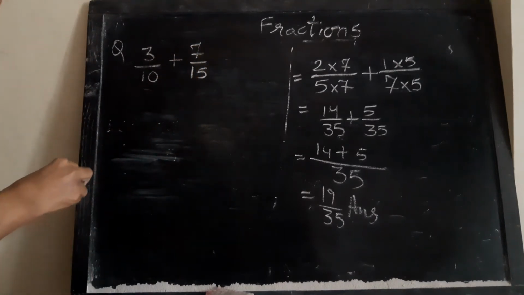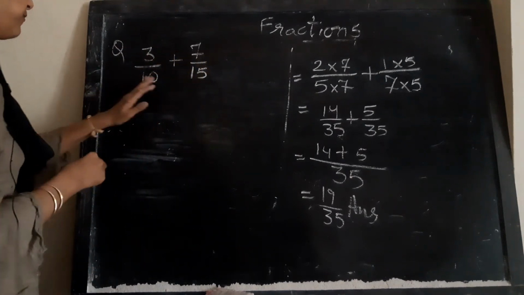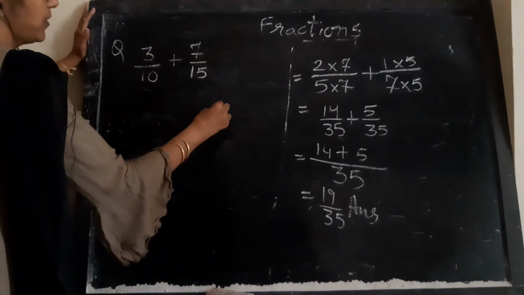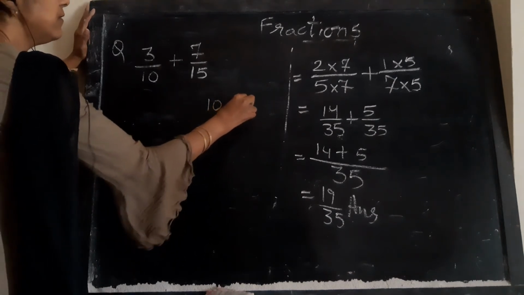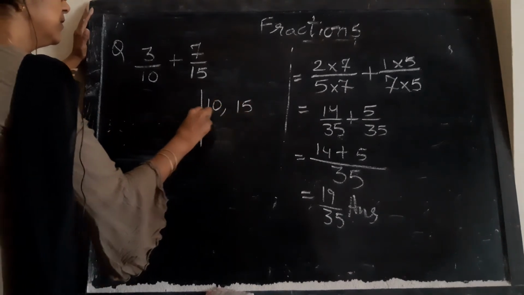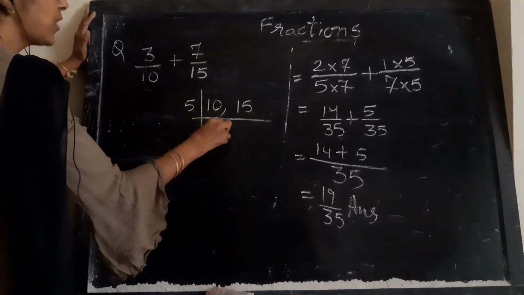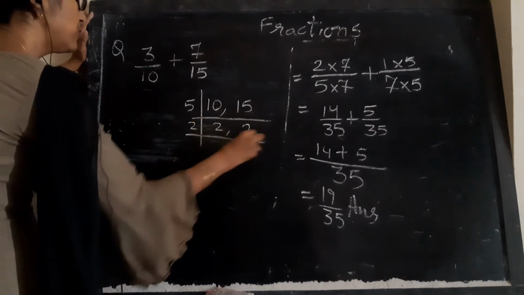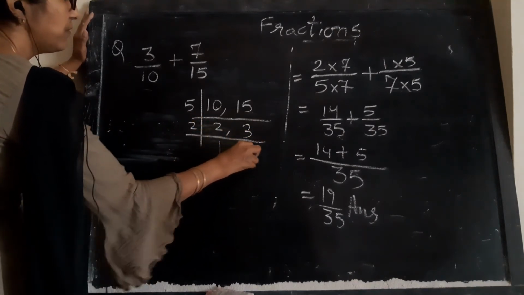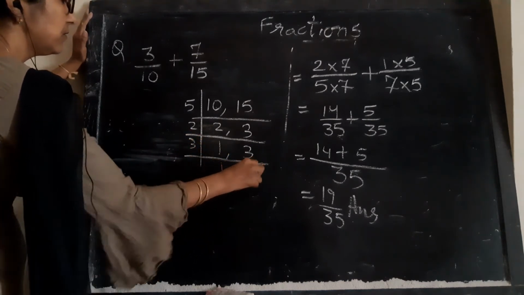Now this is the question. Again you can see the denominators are different, 15 and 10. So we have to take the LCM of 10 and 15. Both of them are divisible by 5, 2 times, 3 times. 2 is divisible by 2, 1. 3 will be copied, 3 is divisible by 3, 1.